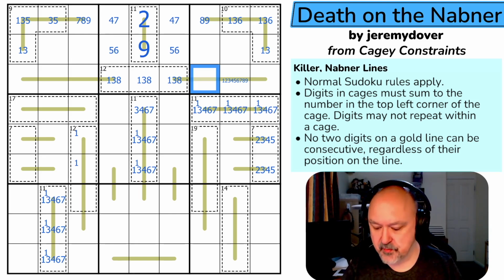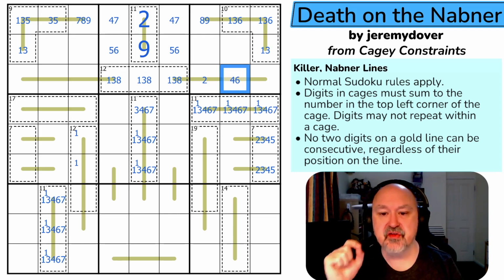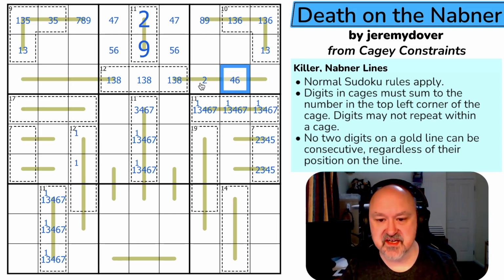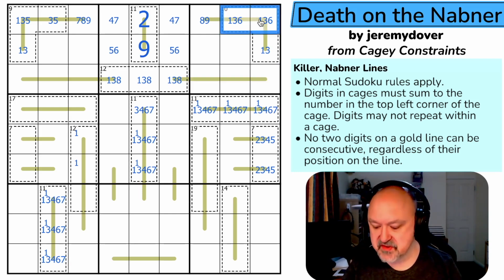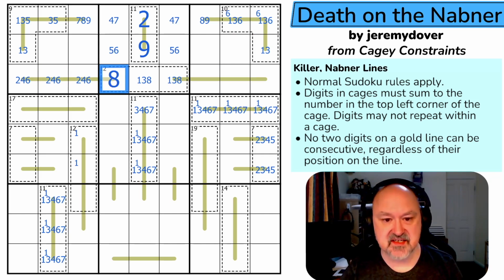So let's say I put 2 on the line. That will knock out 1, 2, and 3, and 8 would have to go with it, so it would knock out 7, 8, 9. So the only other options are 4, 5, 6, and I need 2 digits from there. So the line is going to be 2, 4, 6, 8. So whichever line has the 2 on it is 2, 4, 6, 8, and we know 6 is up here. So this is 2, 4, 6, and that's the 8. That's incredibly clever.